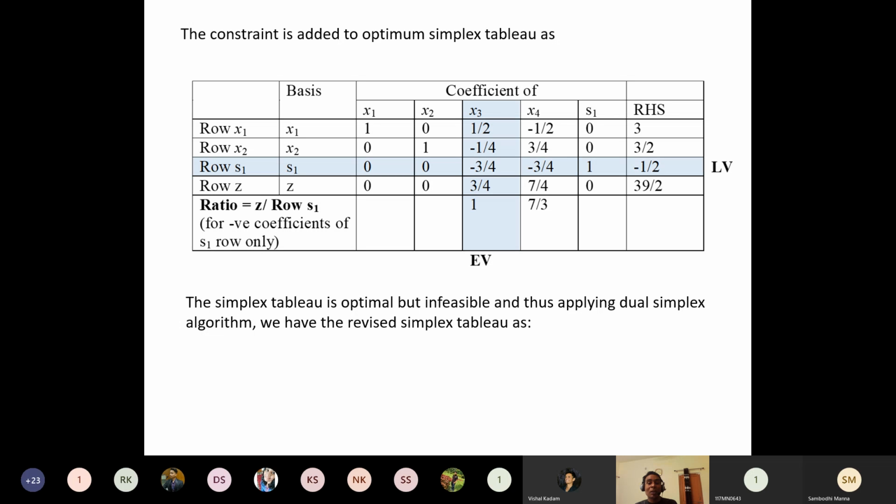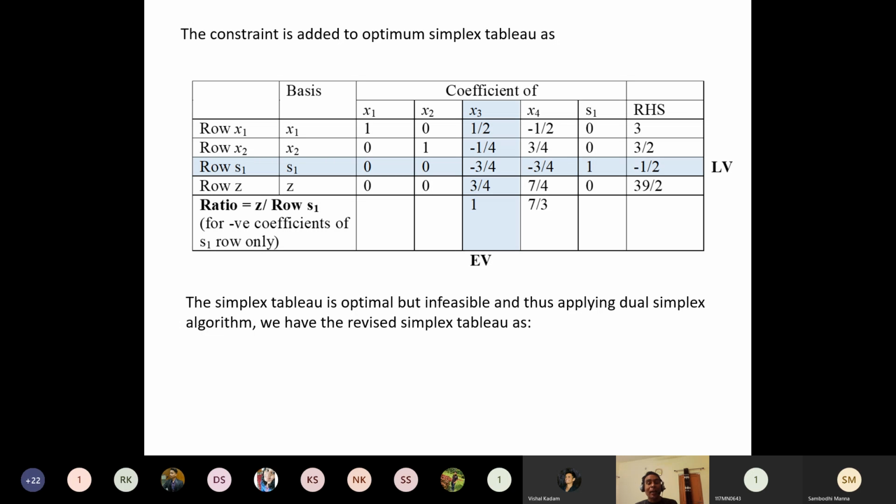The ratio is the Z row divided by the pivot row, and only for negative coefficients. Only x3 and x4 are negative coefficients, so these are the only candidates to enter the basis. The ratios are 1 and 7 by 3. The minimum one will be the entering variable, so x3 will enter the basis and replace s1.